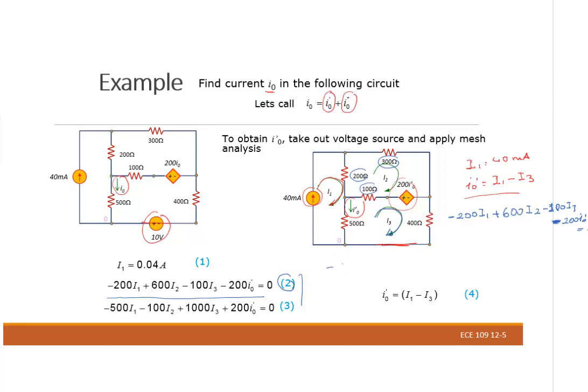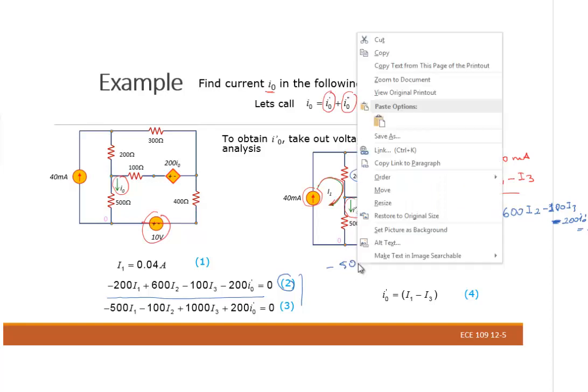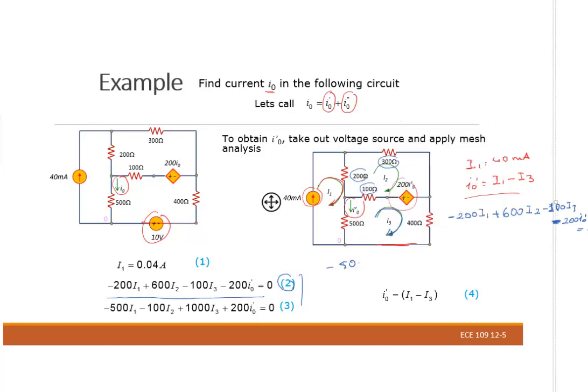I can say here negative 500 I1, negative 100 I2, plus I3 will be equal to 500 plus 100 plus 400, which is 1000 I3, and plus 200 I0 prime will be equal to 0 here.